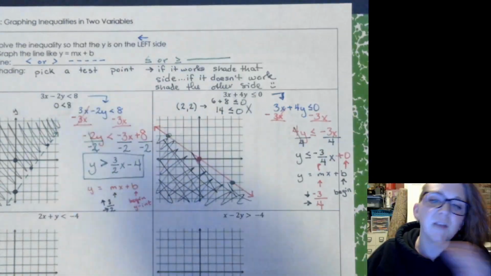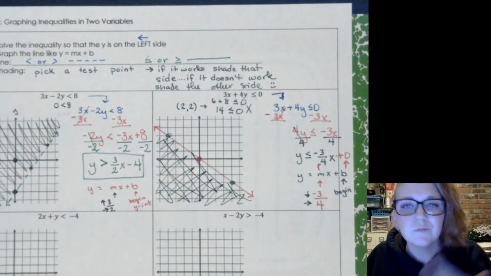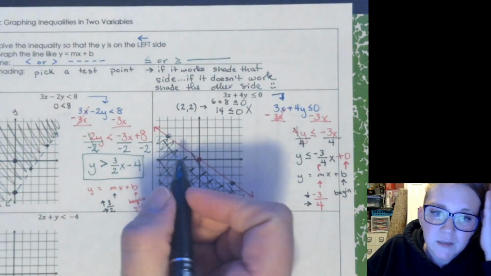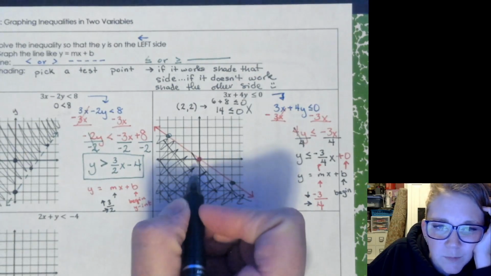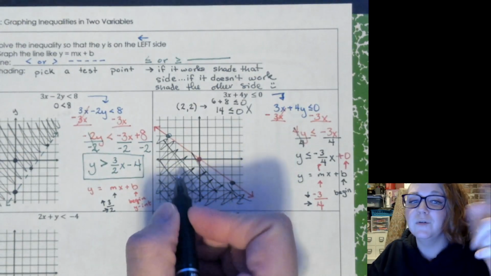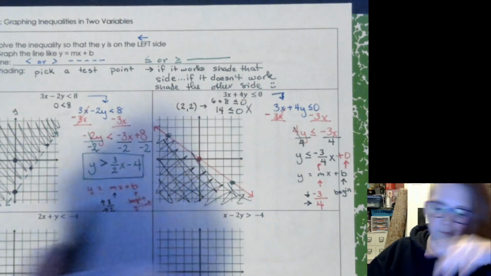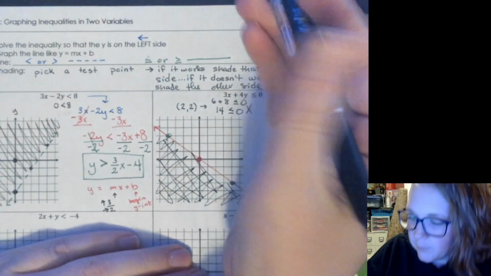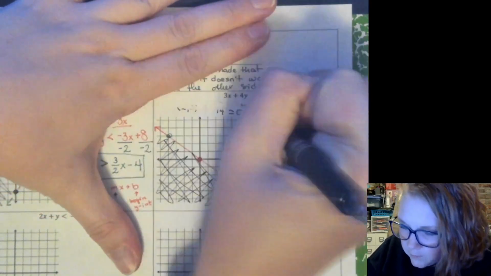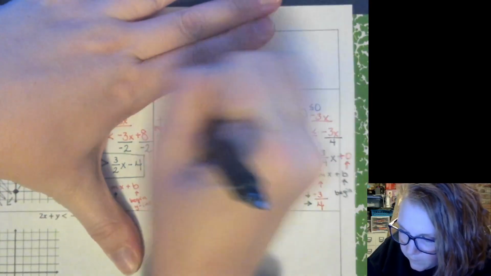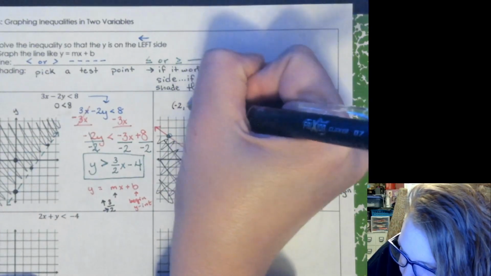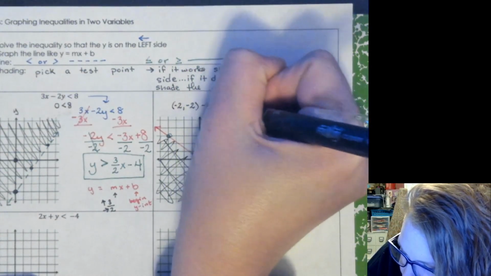Okay, but Miss Howell, how do I know if it works? Pick a point on that side. Okay, let's try, we'll do something easy. How about like -2 and -2? Ooh, let's try that. Let's see. So if I did, I'm gonna erase this. Let's see, what if I picked -2 and -2.